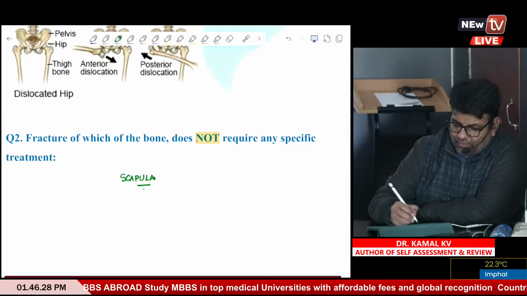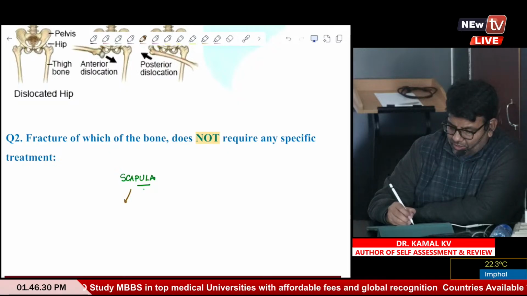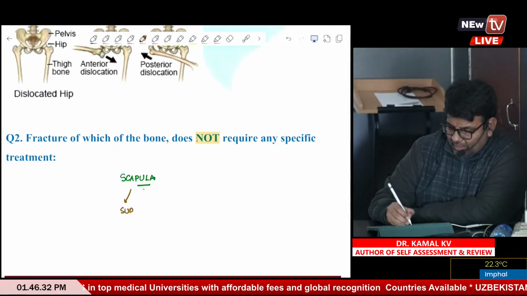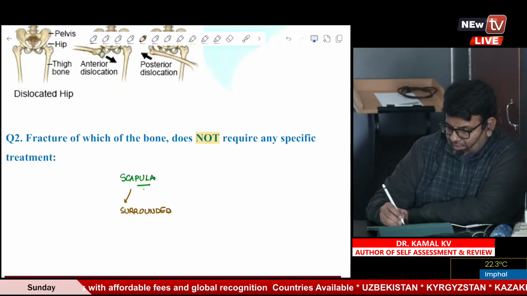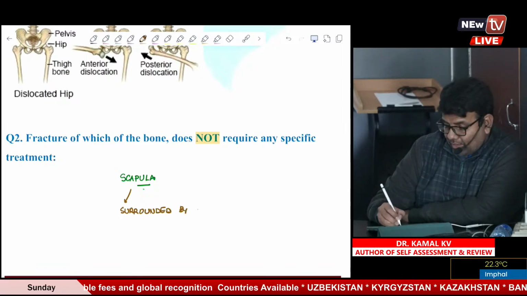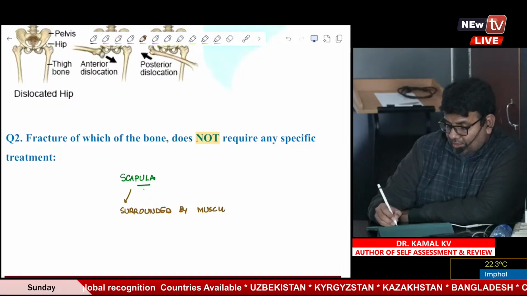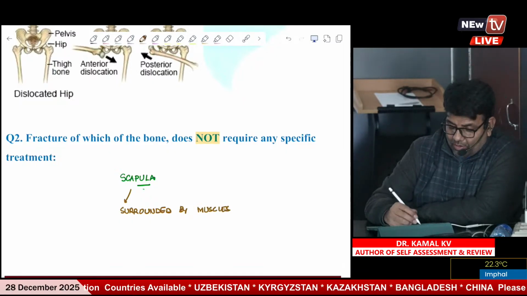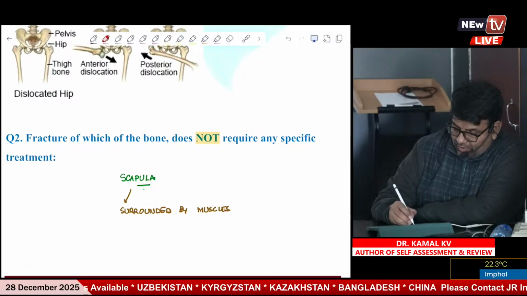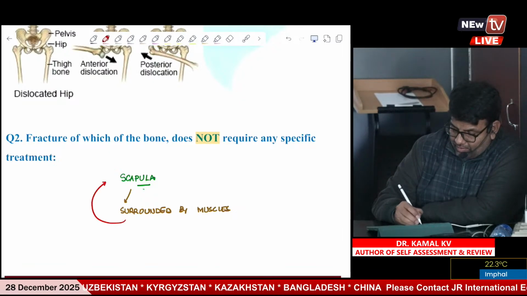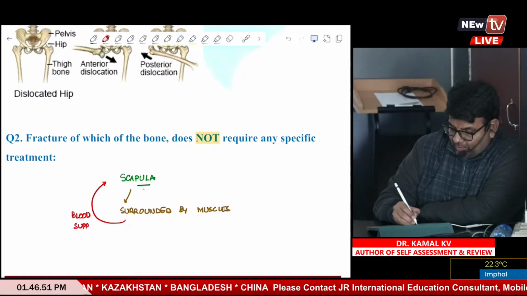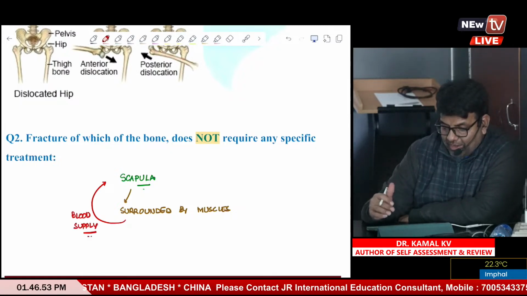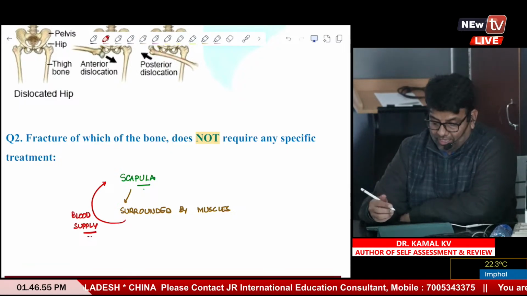For fractures of scapula we don't worry because it is all surrounded by muscles, and whenever a bone is surrounded by muscles, they bring blood supply, and the more the blood supply, the better the fracture healing.